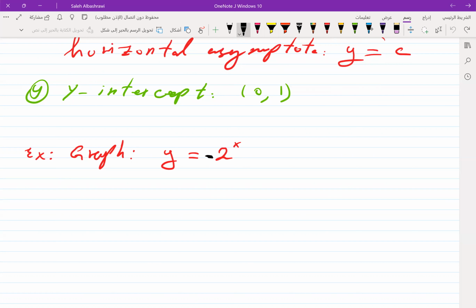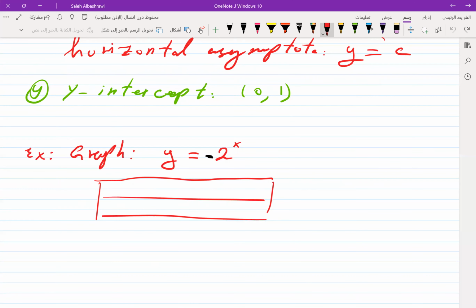I'm going to multiply the function by negative. Same thing, let's choose 5 points for this one. X and y. Minus 2, minus 1, 0, 1, and 2.